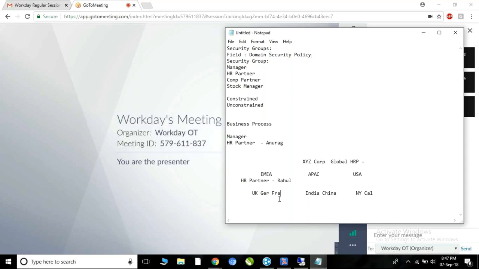Okay. So in the Workday system, there are two types of security policy. One is domain security policy, and the other is business process security policy.